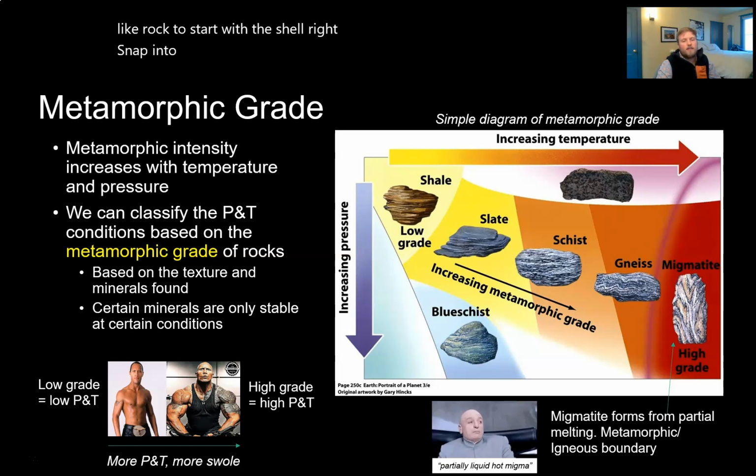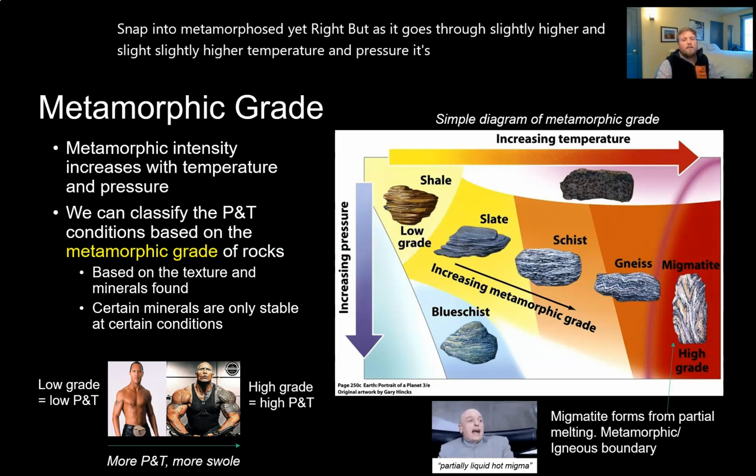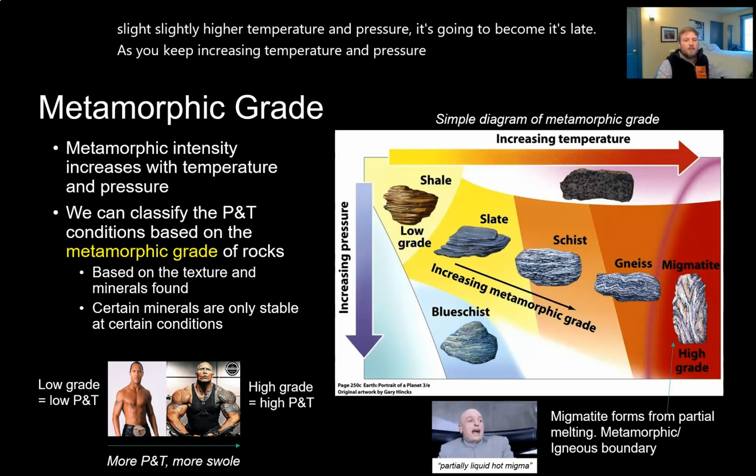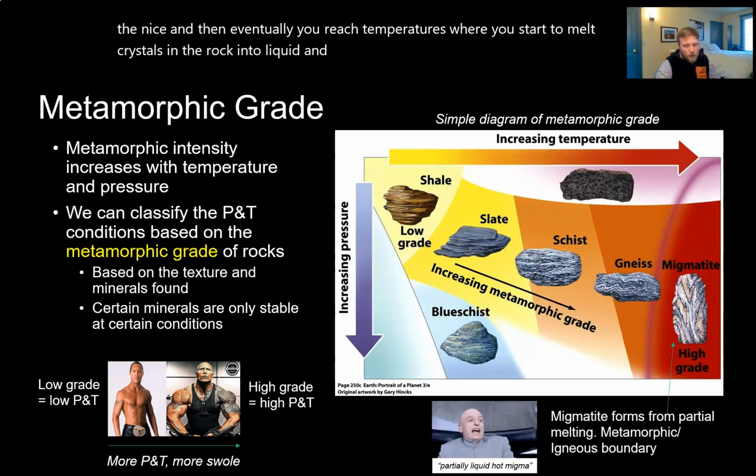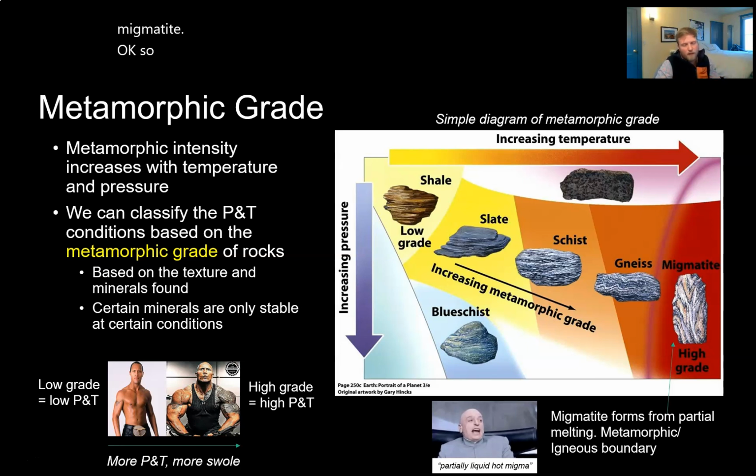But as it goes through slightly higher temperature and pressure, it's going to become slate. As you keep increasing temperature and pressure kind of equally, you go to schist and then gneiss, and then eventually you reach temperatures where you start to melt crystals in the rock into liquid, and that partially molten rock is called a migmatite. Okay, so you can remember liquid hot magma, right?